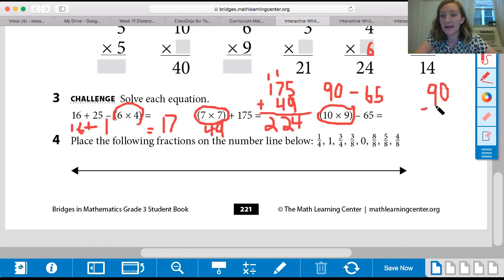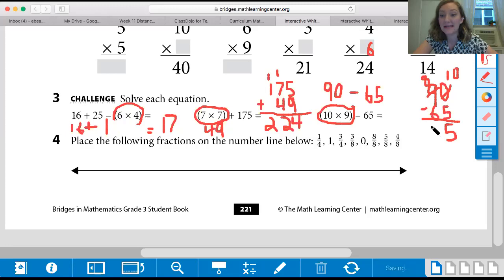90 minus 65. Looks like we're going to need to regroup. We have to borrow a little bit because we can't take 5 away from 0, right? Don't put 5 here. Can't take it away. Let's do the math first. We have to borrow from 9, it becomes 8. And now our 0 can become 10. Now 10 minus 5 is 5.